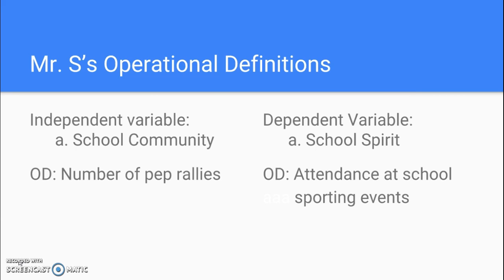And I've gone from my dependent variable of school spirit to defining it for my experiment as attendance at school sporting events. So you take the variables that you would like to determine a relationship between, and you outline specifically how you're going to measure and define them.